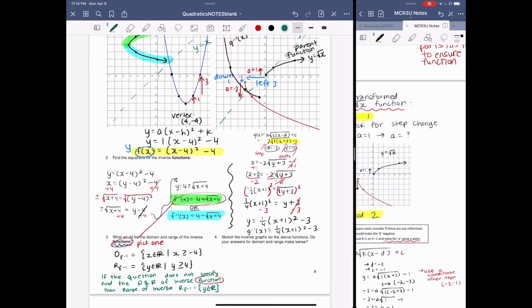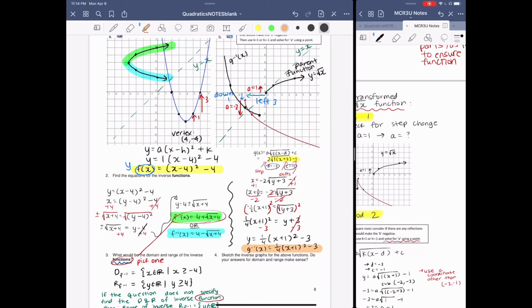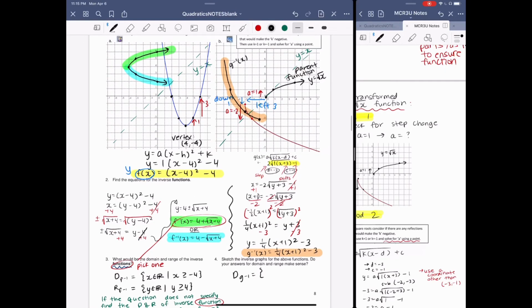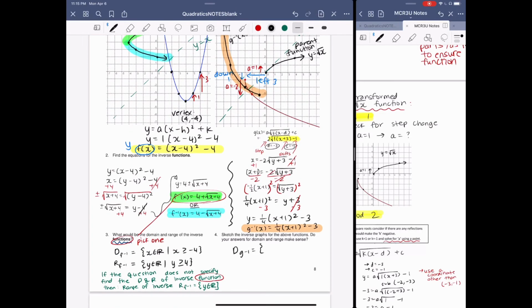For question 4, I'm going to use a highlighter to indicate what graph I'm looking at. I am looking at this orange graph and finding the domain of that. So I want to find the domain of G inverse. If you look at the orange graph, notice that all x values are less than or equal to negative 1.